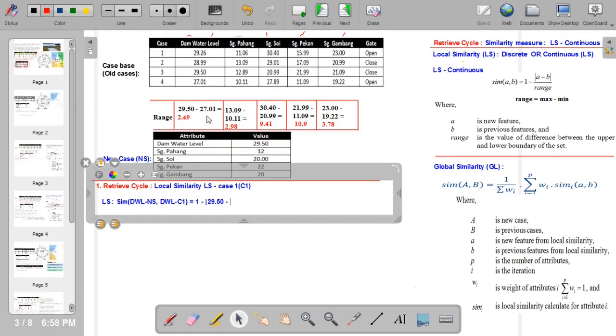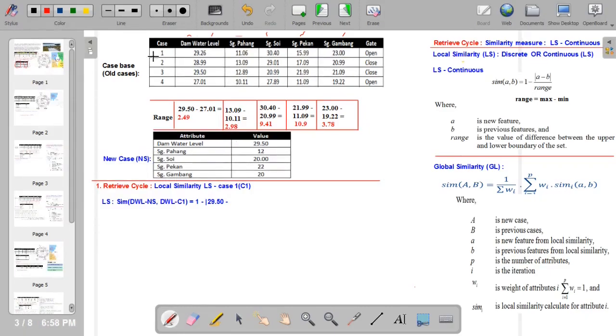So I'm going to highlight case 1 here so I'm not going to forget. This is the case 1 that I am comparing.